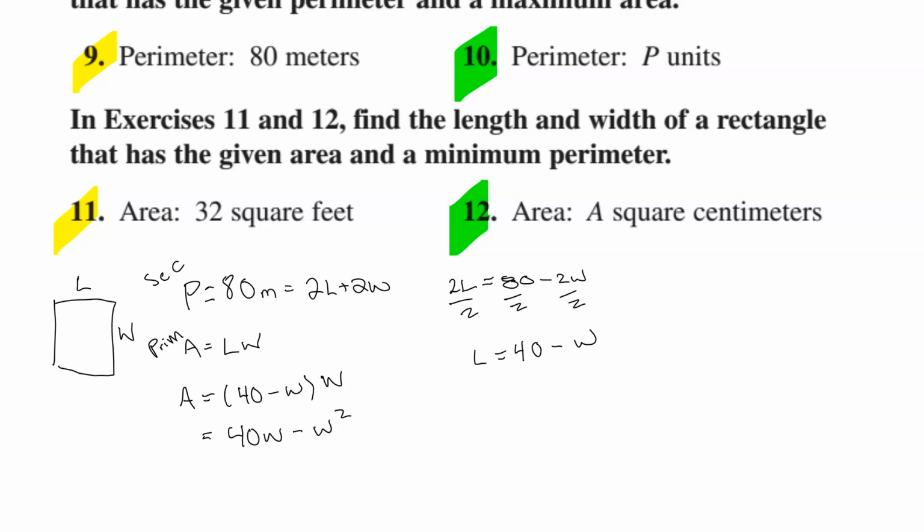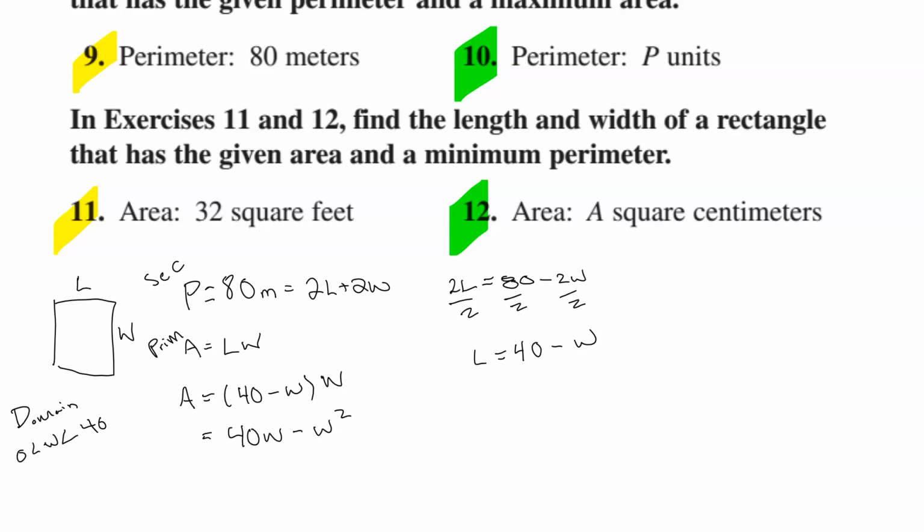Once we've got one variable in our primary equation, we have to think, okay, what values are plausible? Well, for my width, it needs to be positive, right? So we're doing our domain here. And then if our length was almost 0, our width would be nearly 40.